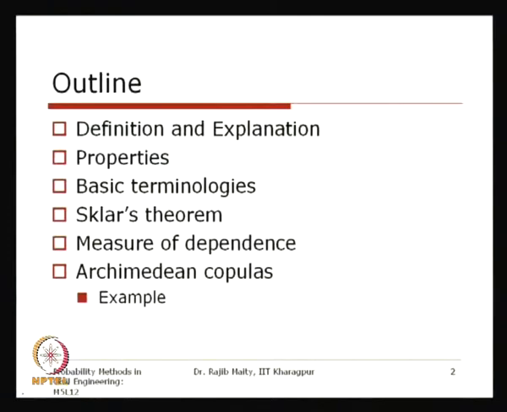After getting that sample dependence, we will see how those can be used to obtain the parameter for the copula function. So, that we will see, and after that we will see examples on these copulas.